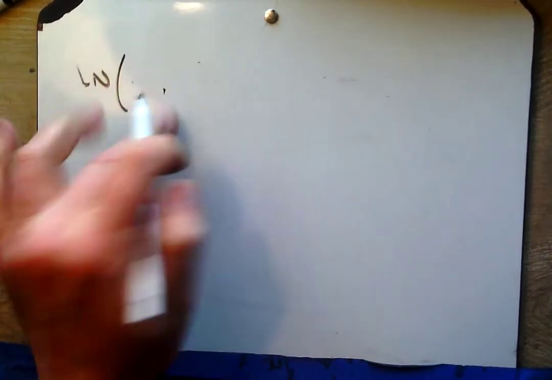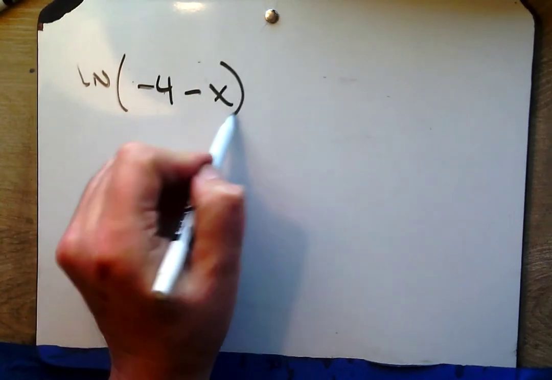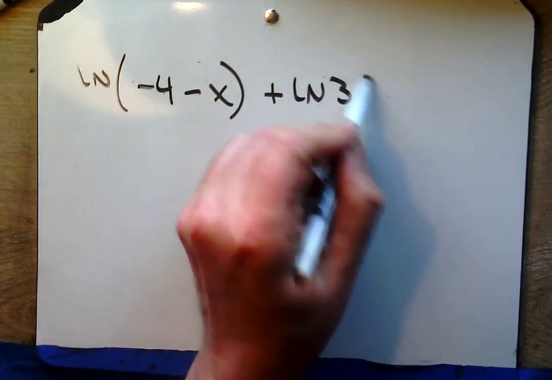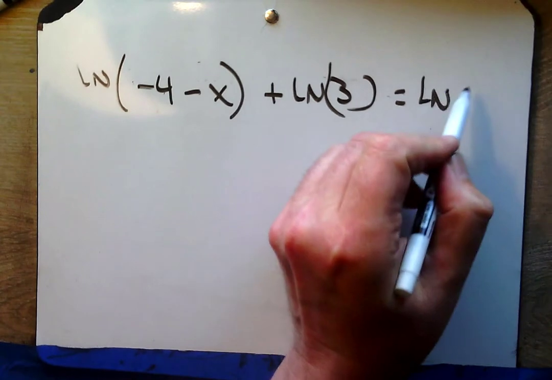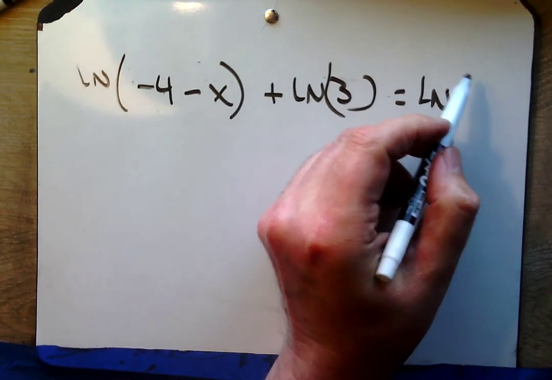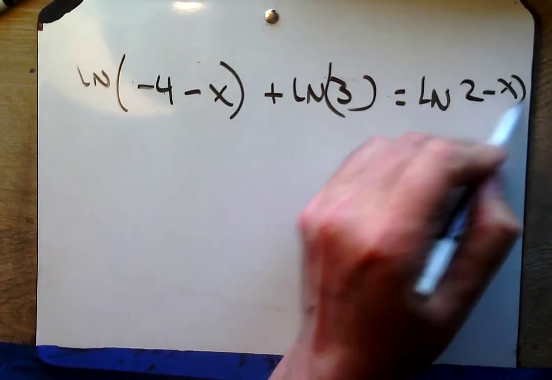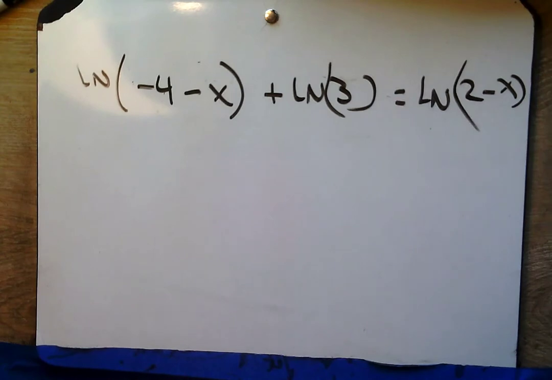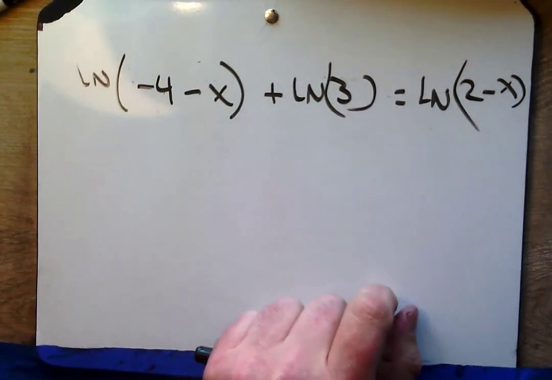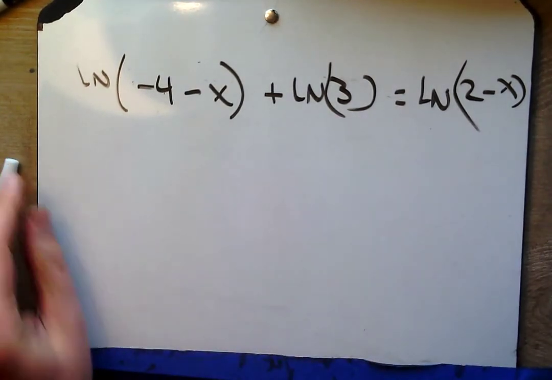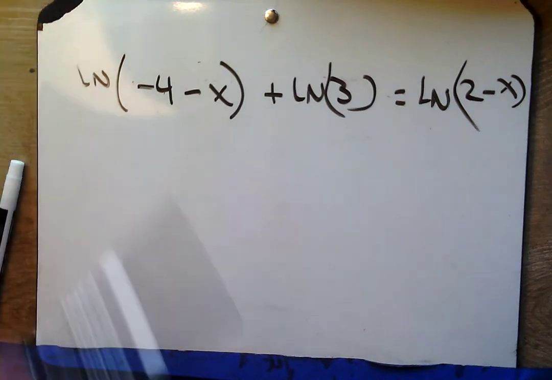ln of x minus 4 minus x plus ln of 3 equals ln of 2 minus x. Can I just exponentiate with e everywhere? No! So what am I going to do instead?